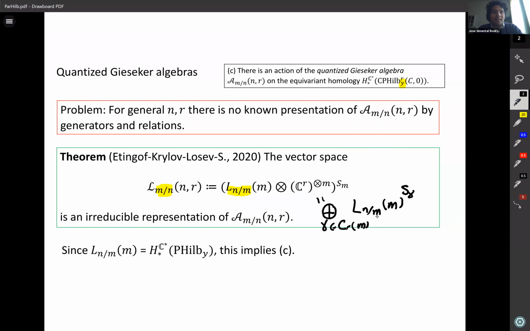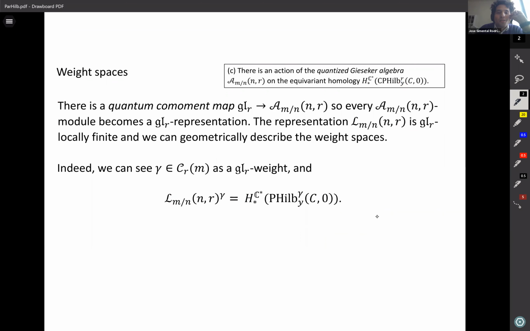And this implies this part C. And not only that, but we have a bit more information on how the action is given. There is a quantum moment map, which is given by the residual action. I had this R part in the quiver variety, so I have an action of GL_R, this residual action. There is a quantum moment map from the Lie algebra gl_R to this quantization algebra, so that every module over the quantization algebra becomes a GL_R representation.